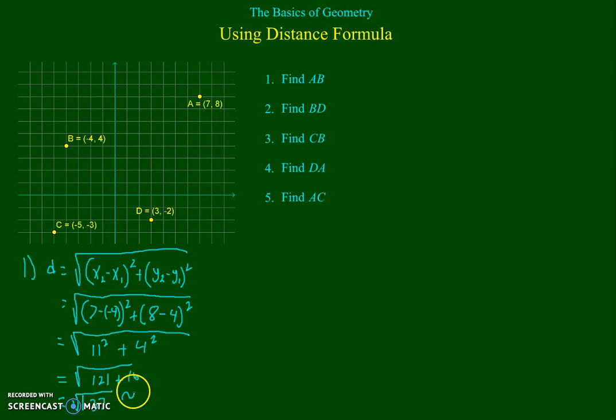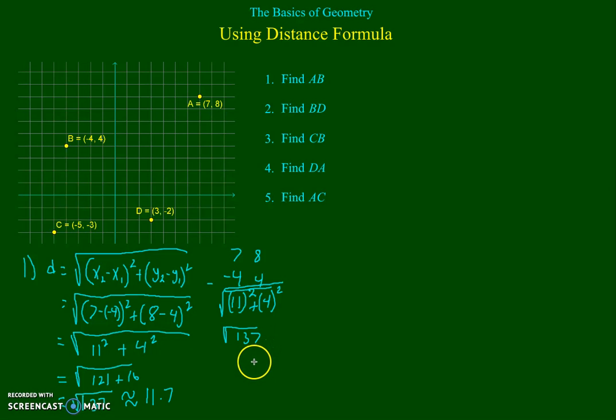That's the exact value, or approximately 11.7. Alright, and now I'll use my SAS method. So I'm going to take this point, 7, 8, and then this point, negative 4, 4. 7 minus negative 4, 11. 8 minus 4, 4. SAS: square, add, square root, and again we have the square root of 137.